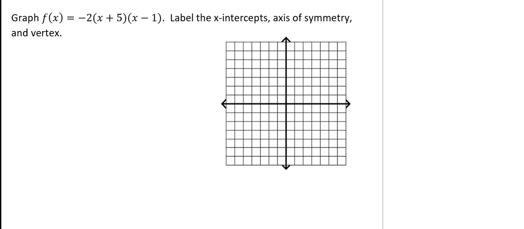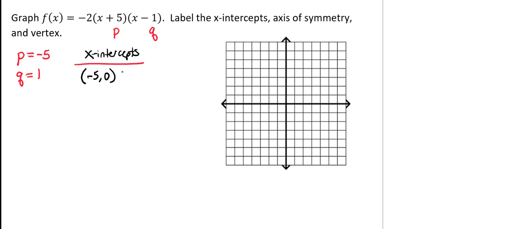Remember from above, our p and our q are waiting, ready to go. Here we're going to have a p value of -5, because we're taking the opposite of what we see, and a q value of +1. That converts to our x-intercept points: -5, 0 and 1, 0. So we have 2 of our 3 points.